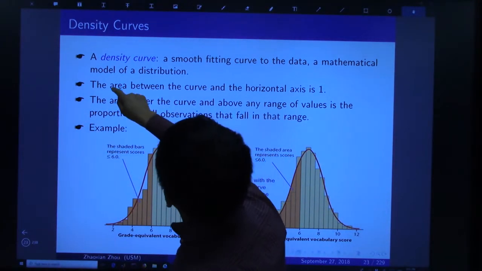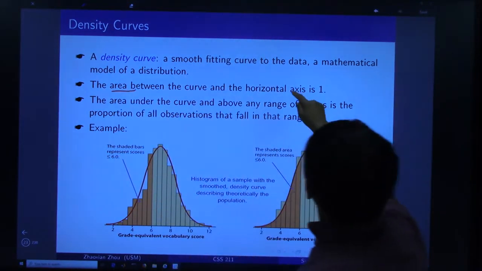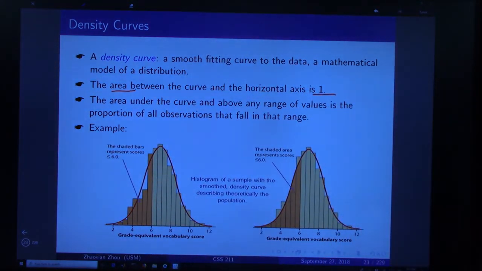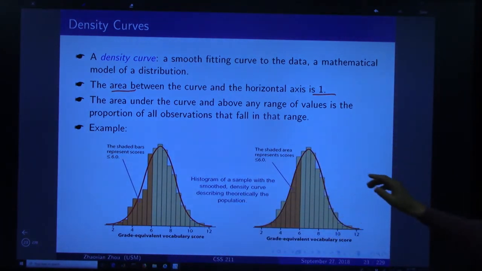The area must be equal to 1. That's the first one. That is the requirement.